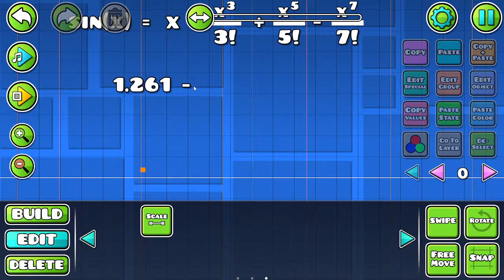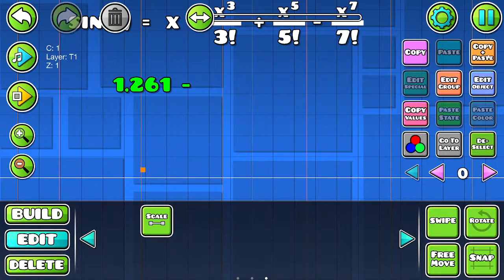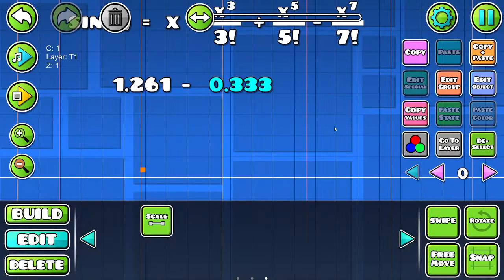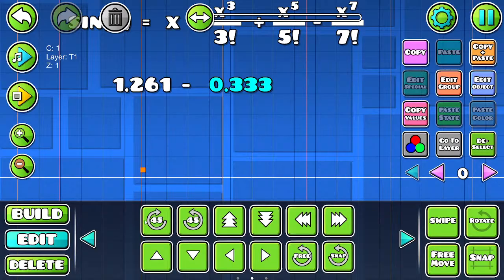It's about similar to 128, I think it's close to 2. I'm gonna say it's about 2. That's divided by 6, so it's about a third.